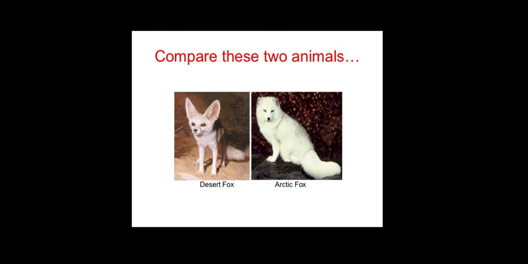So, let's compare these two. They're both foxes. On the left, you have a desert fox. On the right, you have an Arctic fox. I'll take the Arctic fox. Like the polar bear, the Arctic fox has a lot of fur. Like we just discussed, they need the fur to keep them warm so they don't freeze in the environment they live in, because they live in severe cold weather.